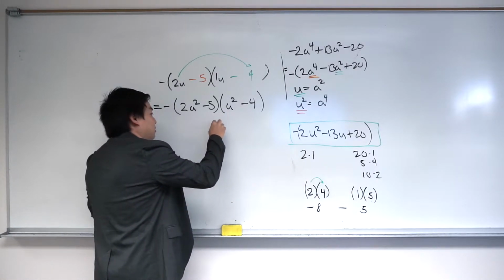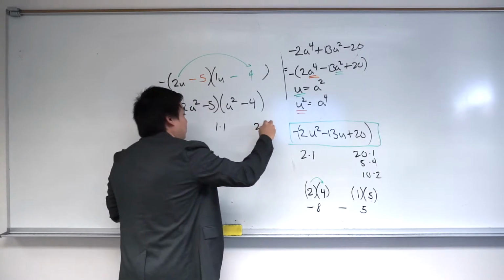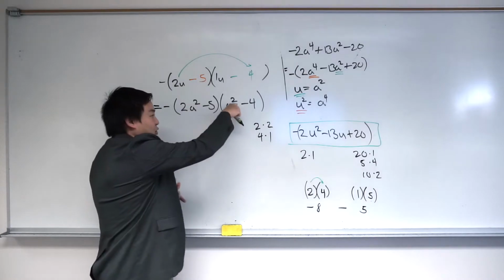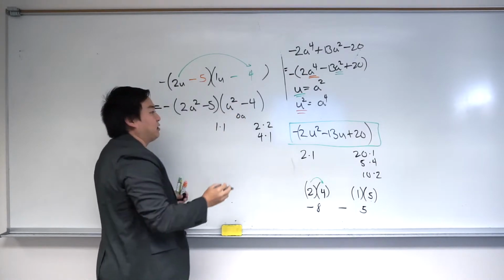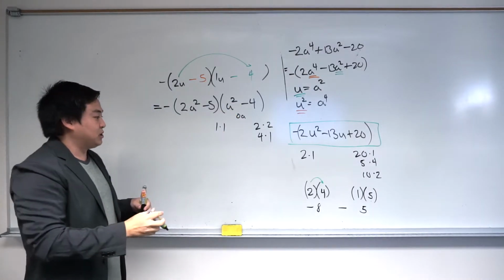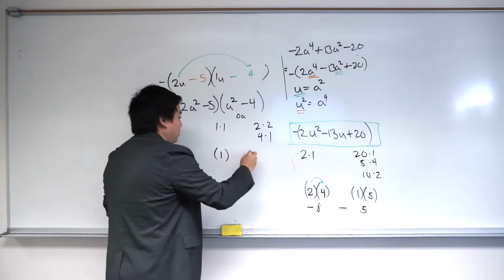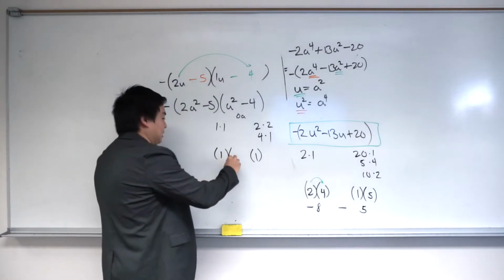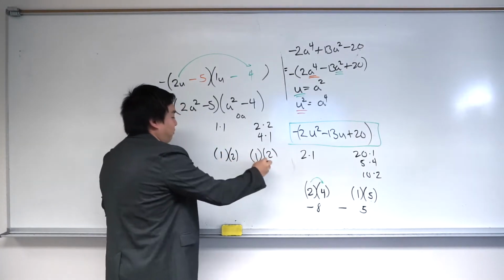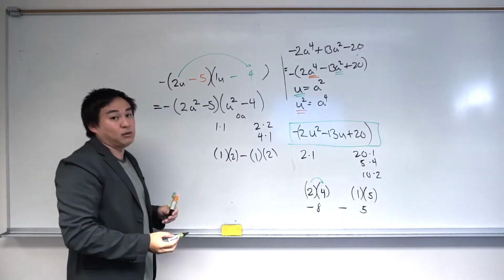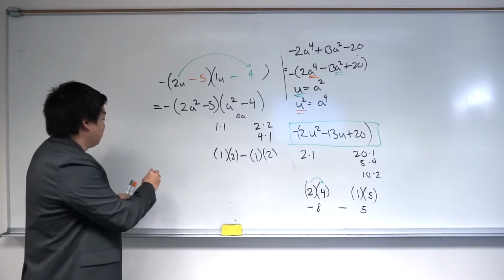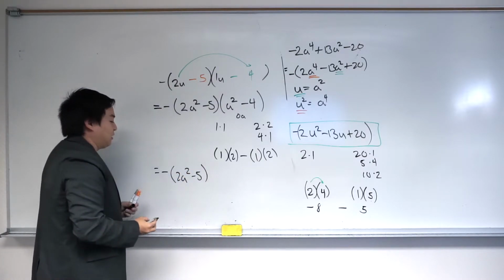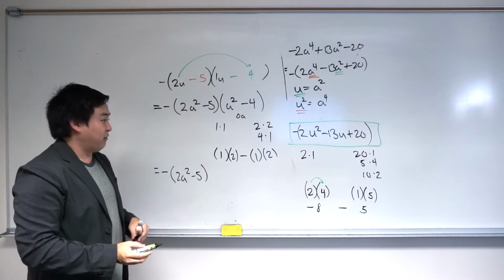So the numbers here are 1, 1, 2, 2, 4, 1. The middle term is really 0a. So I want the numbers to add or subtract together so that I get 0. So can we see that there's a 2 and a 2? And in order for these two to cancel each other out, they have to be minus. So what we get is negative 2a squared minus 5.